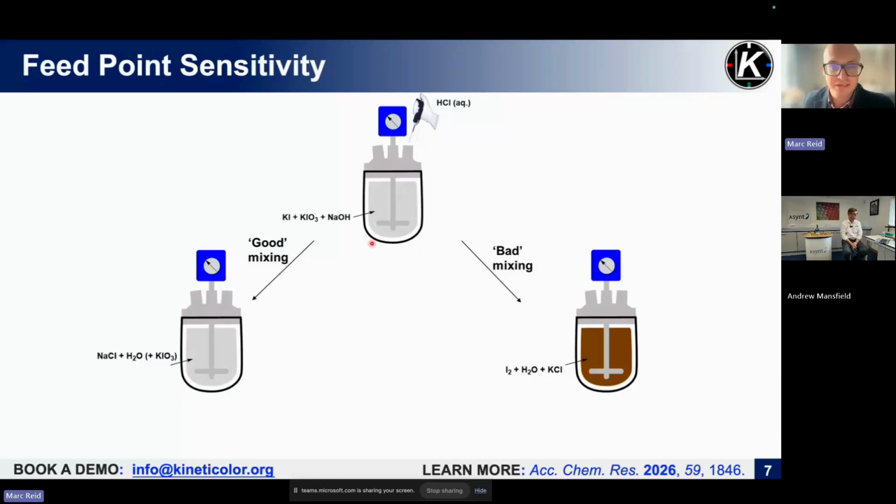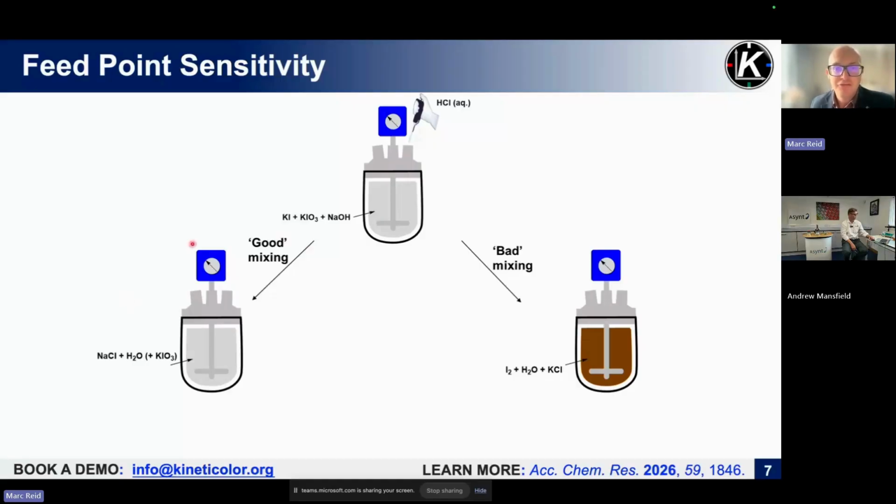The important thing to remember here is that if this reaction is triggered and the mixing is really, really effective, or we get so-called good mixing, what we get is a neutralization process which remains largely colourless.